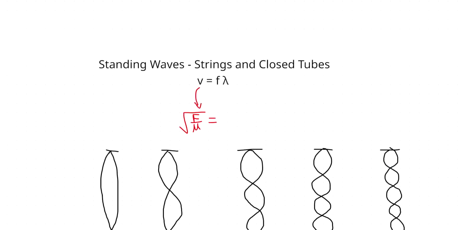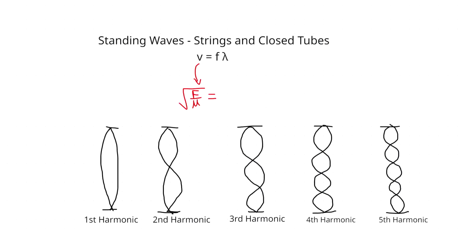Our frequency is going to depend on which harmonic we're looking at. So we're going to say this frequency, let's put it here, is going to be the frequency of the nth harmonic. Could be the first harmonic, the second, the third, the fourth, the fifth, and so on. So we'll see which harmonic we're talking about.